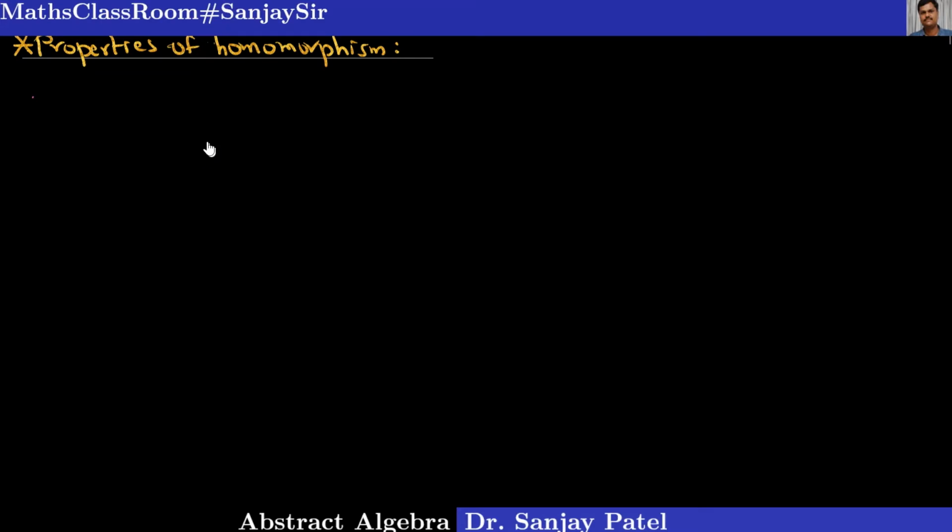In this lecture, we are going to prove some properties of homomorphisms and then we'll be discussing some results about homomorphism. So let us start with the properties of homomorphism as a theorem.